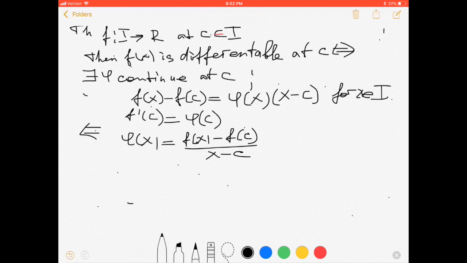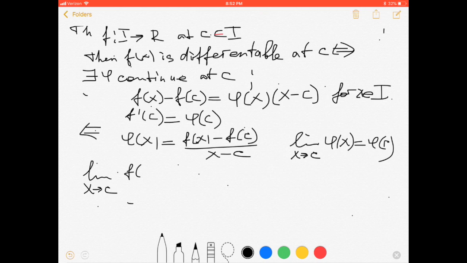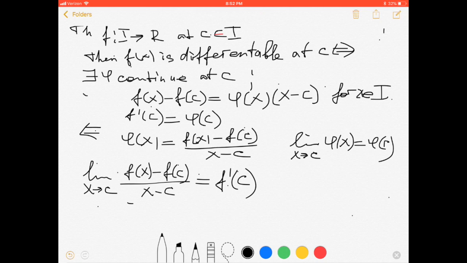Because function phi is continuous, this means the limit of phi(x) as x approaches c equals the value phi(c). Using this fact, we only rewrite the definition: x approaches c of (f(x) minus f(c)) over (x minus c). Using the definition of the derivative, it will be the derivative of function f at c, but at the same time equal to phi at c. And we have proved our theorem.